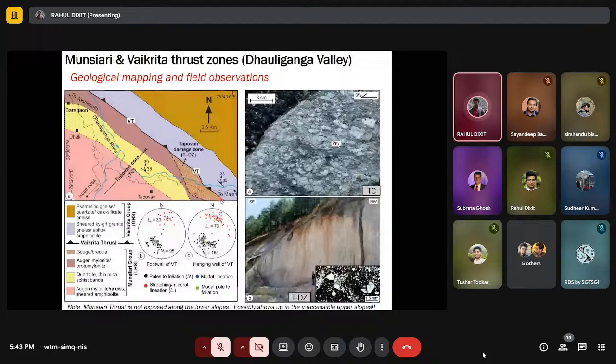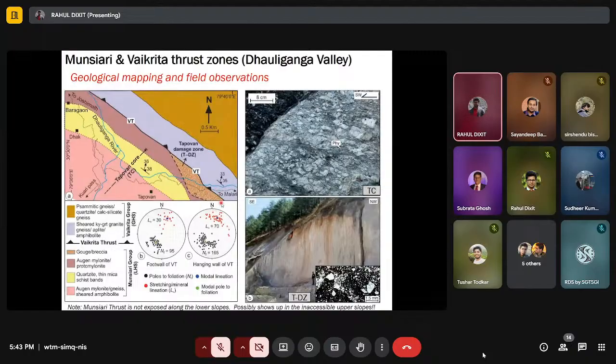And if we combine this fault gouge zone with the geochronology data in this particular area, on the northern side we have dated the rocks just in the immediate hanging wall side, and we see the granitic gneisses present in the Joshimath formation are Neoproterozoic in age.